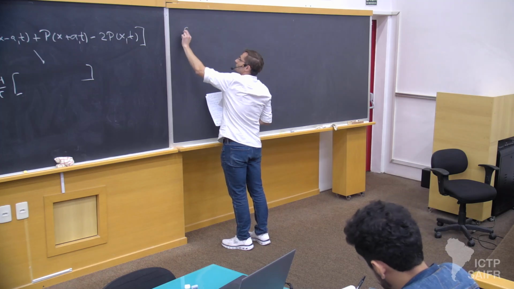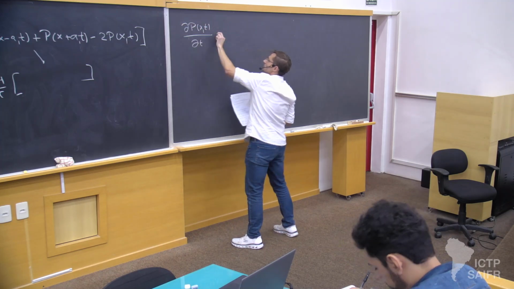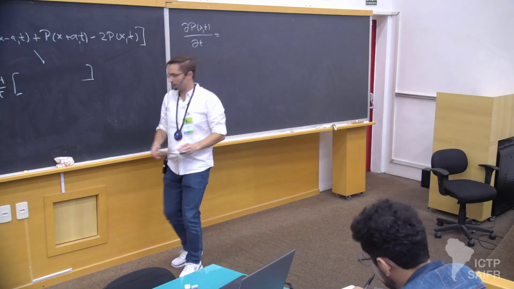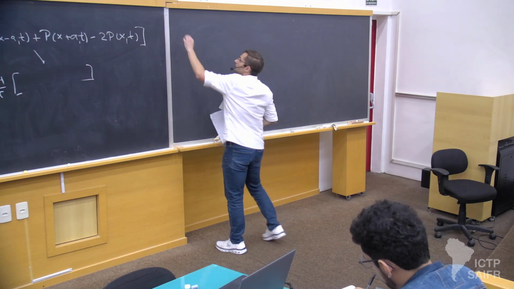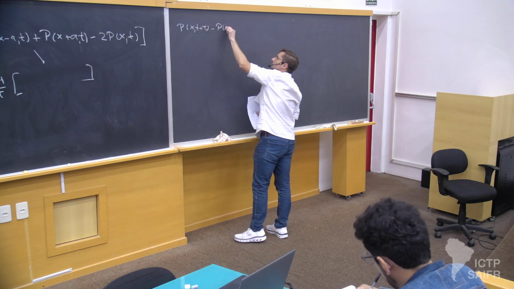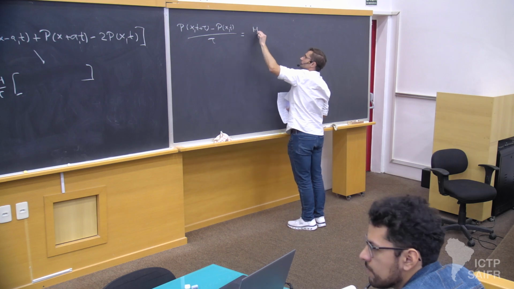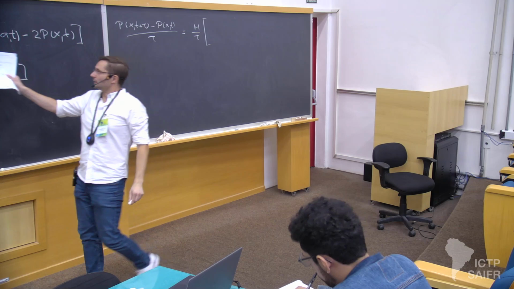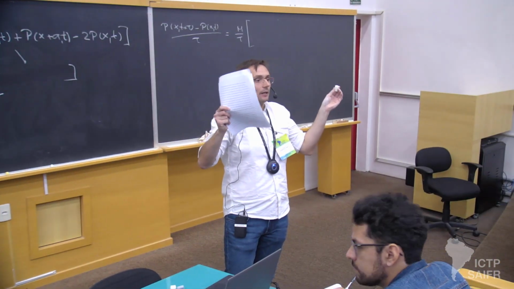So the next step that I can do, if I want to go to discrete space and discrete time, and let me actually not take the limit in time yet, I can assume that A is very, very small.